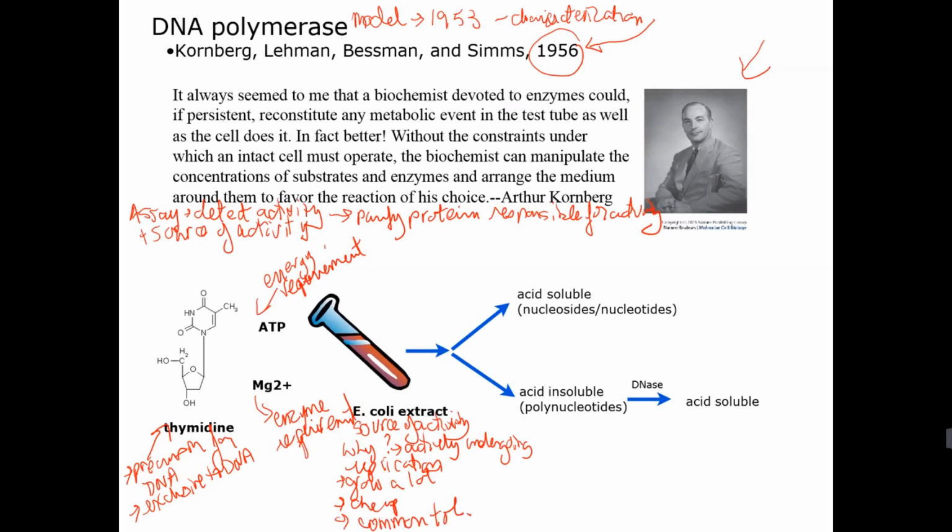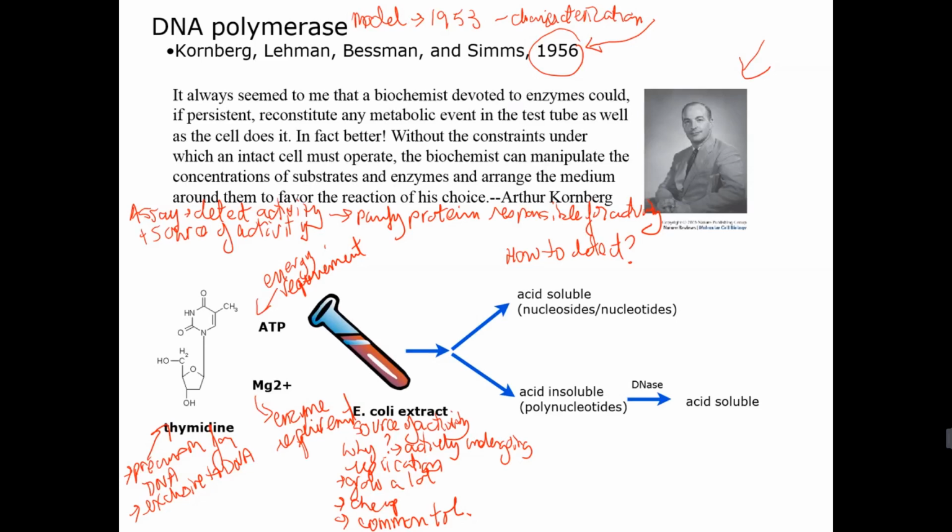Okay, so the last thing they needed was some way of figuring out whether they've made DNA or not. So how to detect their DNA polymer. So remember, they're starting with a thymidine precursor, and they wanted to end up with a DNA polymer, but they needed to have some way of telling the difference between the two.